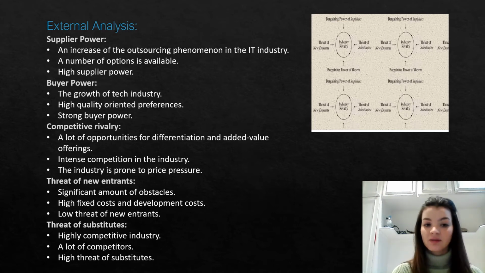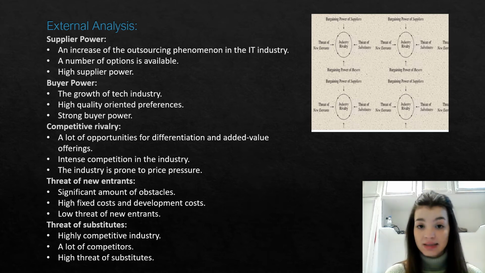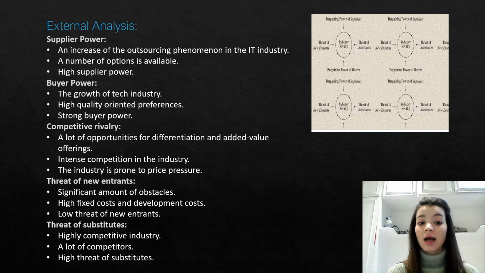Finally, the threat of substitutes. The IT industry is highly competitive, and there are a lot of competitors that are offering almost the same services and products, and therefore it makes the threat of substitutes very high.